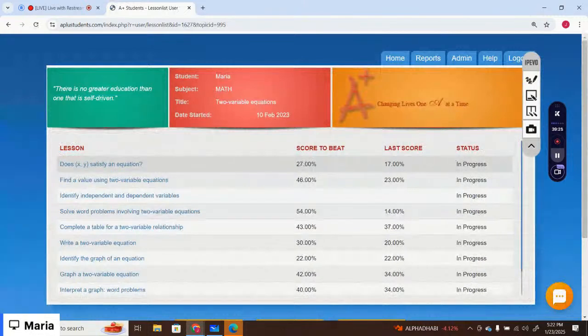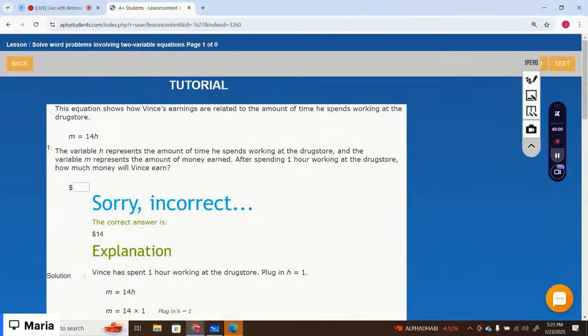The next lesson is solve word problems involving two variable equations.